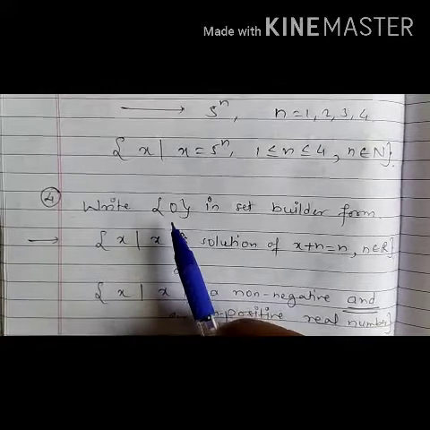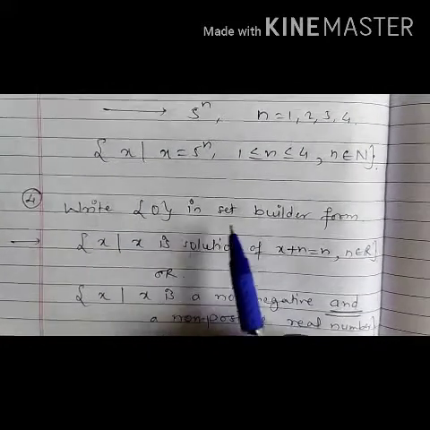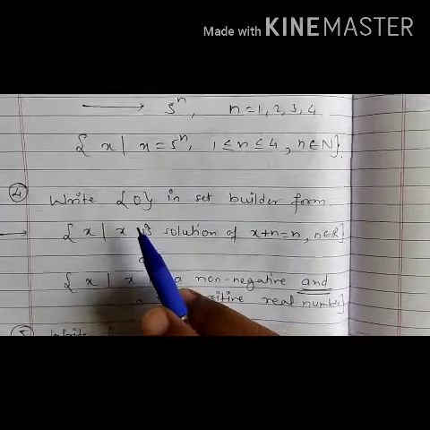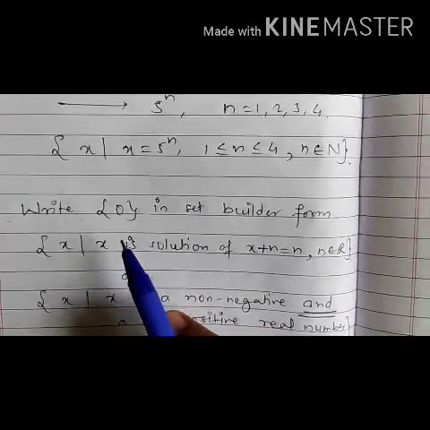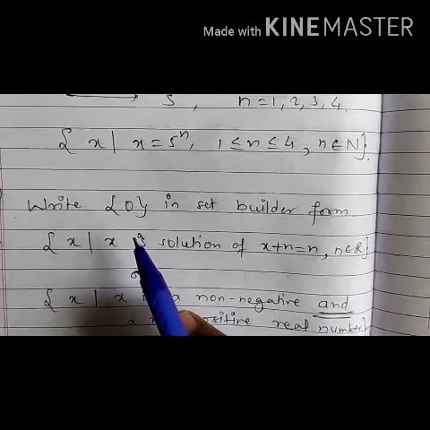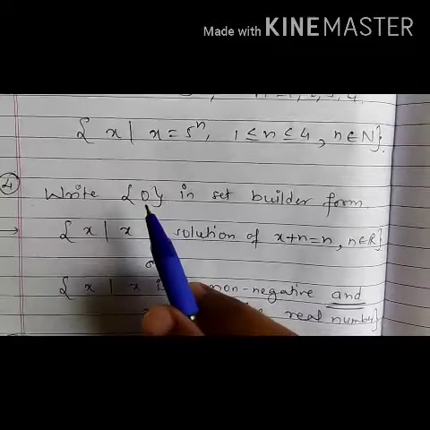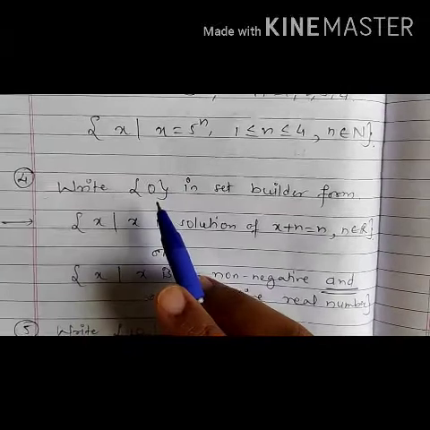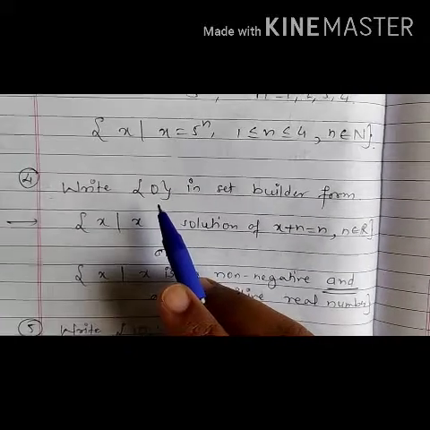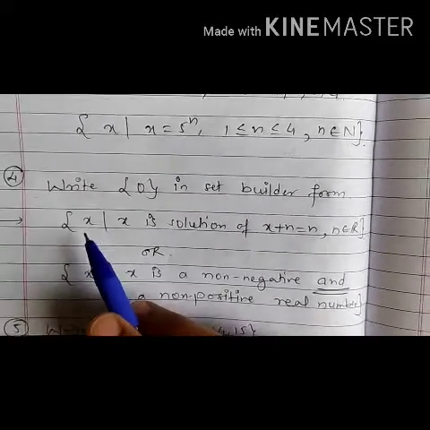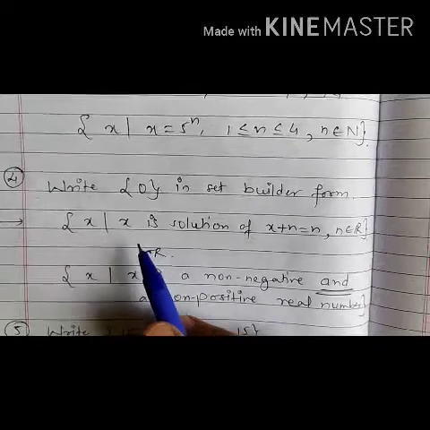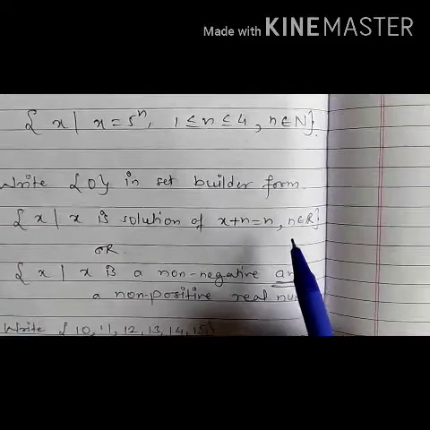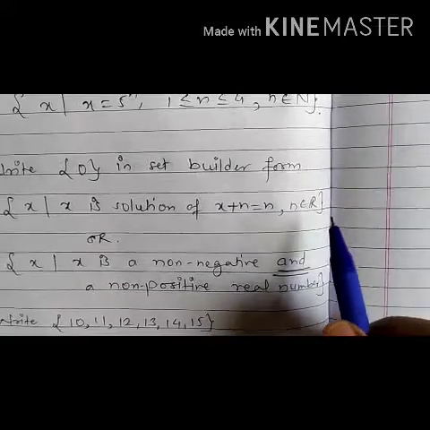Now the fourth example: we have to write the set having the element 0 in set builder form. If we ask you how to represent 0, you can write 0 easily, but how do you represent 0 in set builder form? We can write it as the set of x such that x is a solution of x plus n equals n, where n belongs to the set of real numbers.